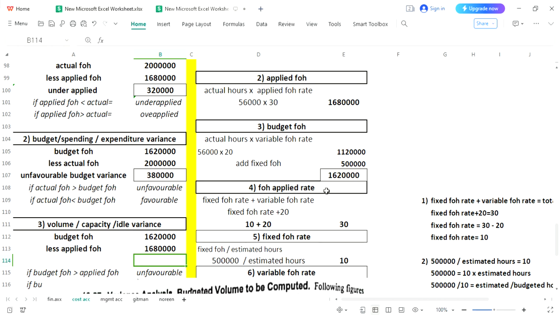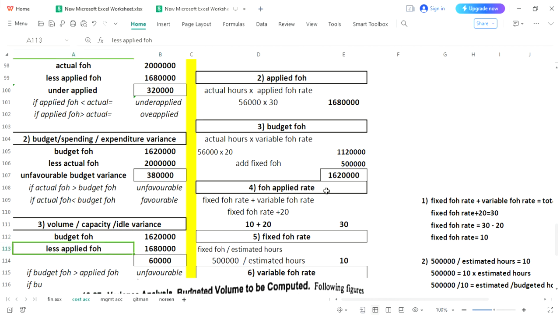It's time to calculate the volume variance by subtracting budget and applied. How much your applied FH was? 16,80,000. Take the difference between budget and FH by subtracting. Budget FH was 16,20,000. So you have got your variance as 60,000. Now it's time to conclude by focusing upon budget. Budget was 1620. Applied was 1680.